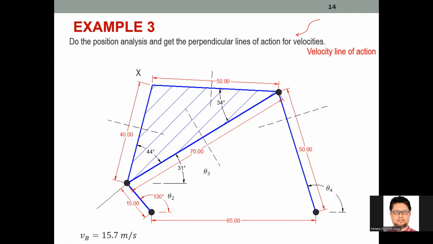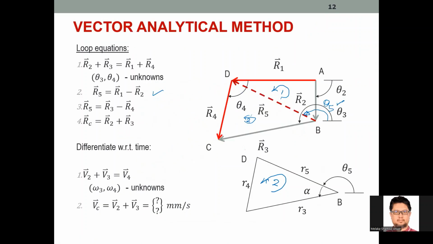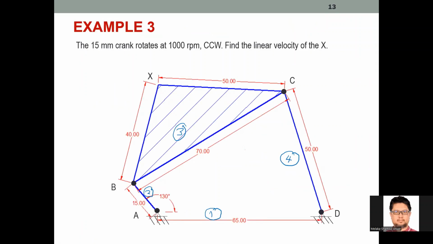Based on what you already know, the crank is 15 mm. I guess it's 15 cm. I think it's 15 cm instead of mm.